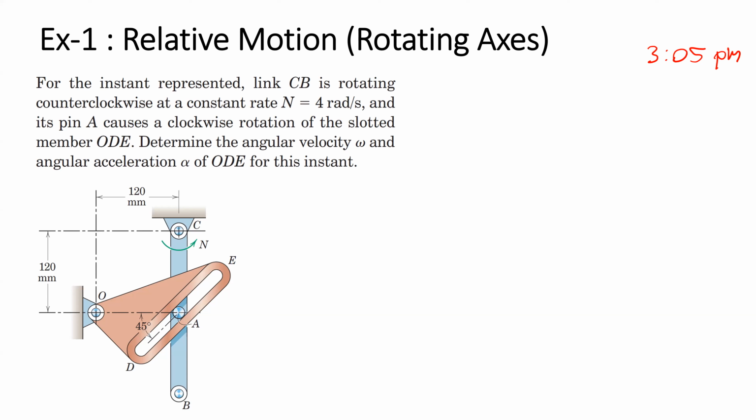What happened here? We have the link CB. The link CB is rotating counterclockwise with a constant rate of 4 radian per sec.